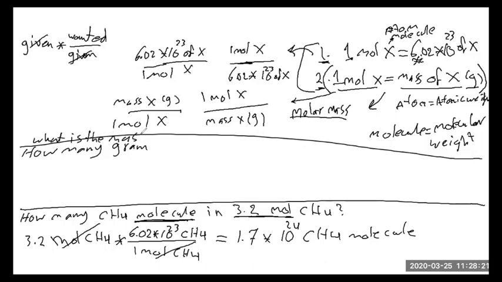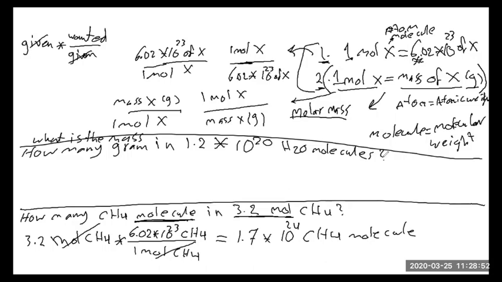For example, we have 1.2 times 10 to the power 20 H2O molecules. So we have 1.2 times 10 to the power 20 water H2O molecules. What is the mass for this one?